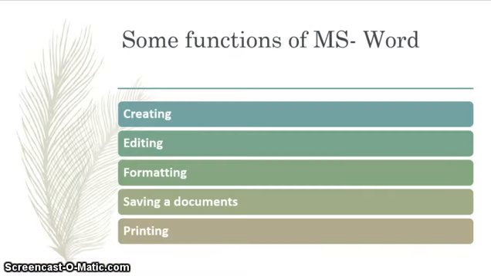So, students, as we know, Microsoft Word or MS Word is a word processing program which allows us to create and edit documents which contain mostly text and a few images also. Now, using Microsoft Word, we can do a number of things.